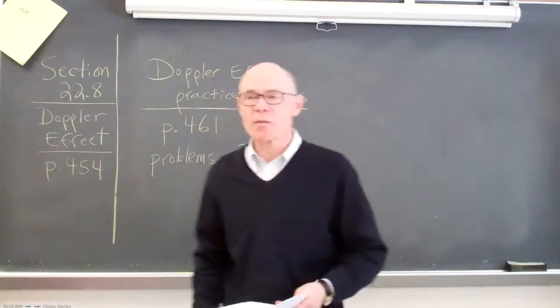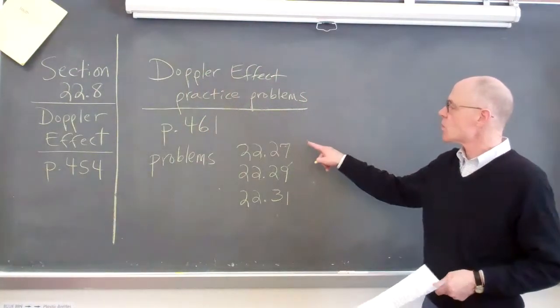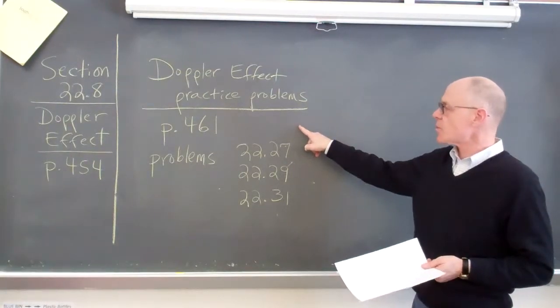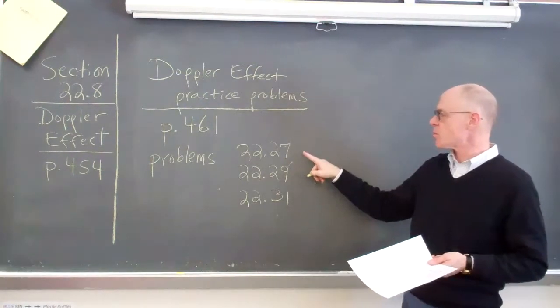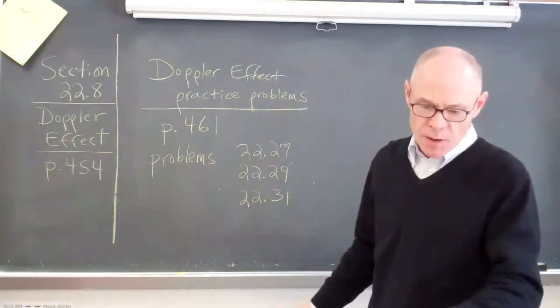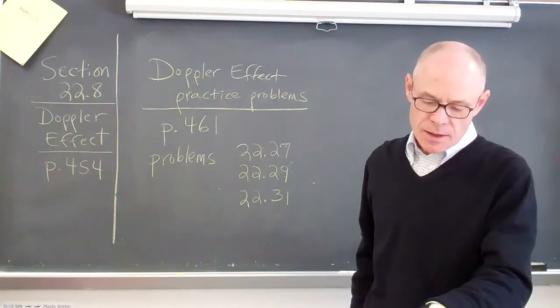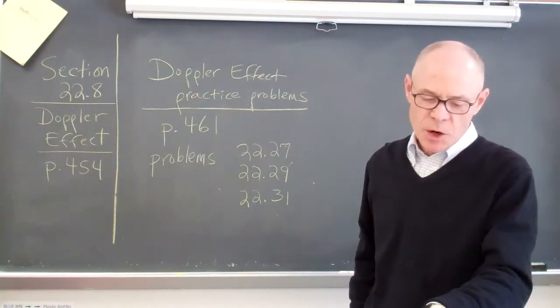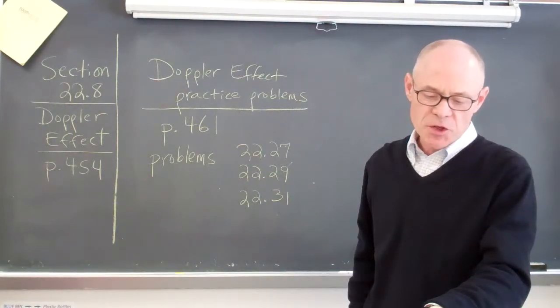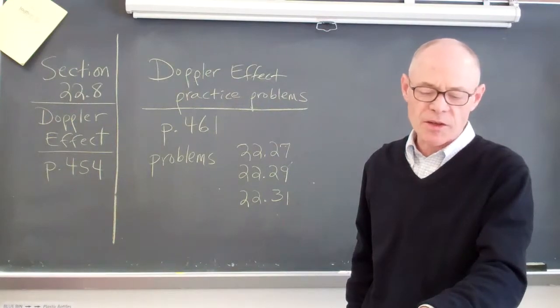So here's your assignment to practice the Doppler effect problems. 3 problems at the end of the chapter on page 461, problems 27, 29, and 31. Just a note about those problems. If you take a look on page 461, there's a note just before the Doppler problems start. It says that you're assuming the speed of sound in air is 343 meters per second for all of these problems.